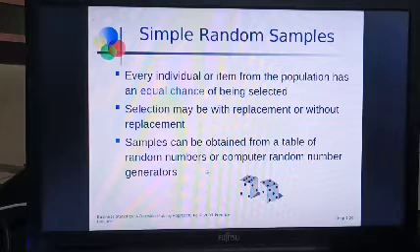In simple random sampling, every individual or item from the population has an equal chance of being selected. It's done like a lottery. It's not based on relationships, not based on biases, but numbers are selected by chance.